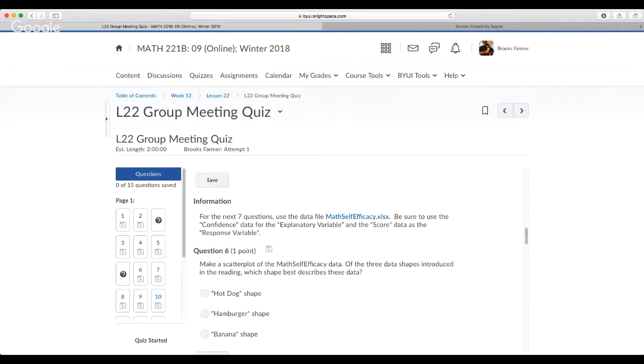Okay, let's start putting our data in. All right, so it tells us what to use for which. Explanatory should be confidence data, and score data should be the response variable. So make sure you put them in the right way. I did a test, and it appears as though it doesn't really matter.